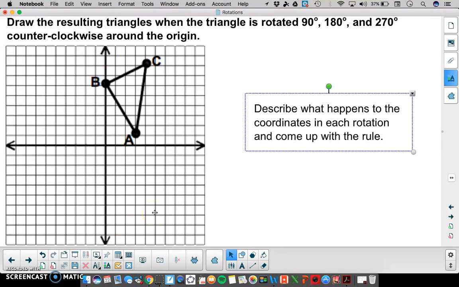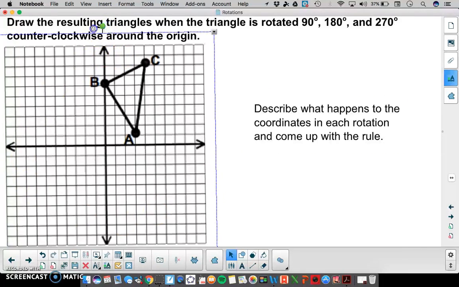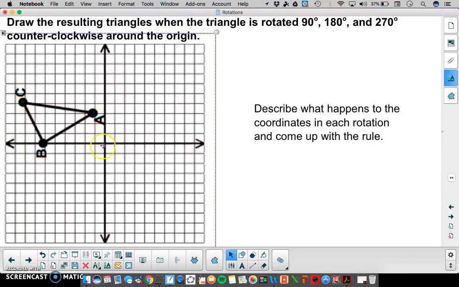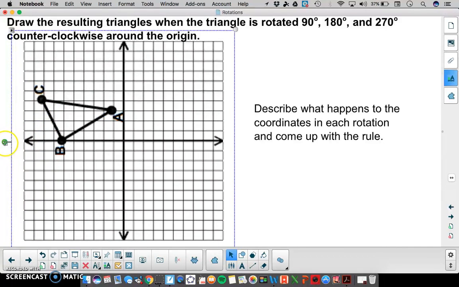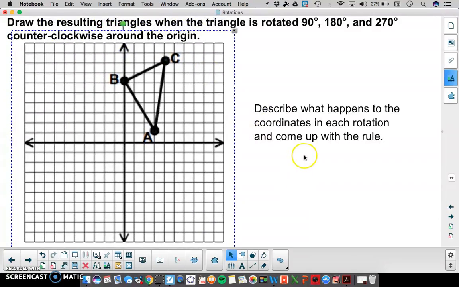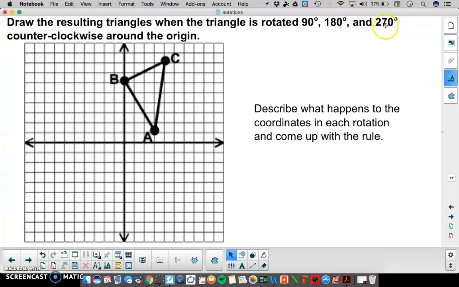Using the same method that we did before, you're going to physically rotate this figure, and now point A would be at -1, 3, B would be at -6, 0, C would be at -8, 4, and then record those image points. I want you to do that for all three of those and describe what happens to each of the points and come up with a rule for 90, 180, and 270, counterclockwise.